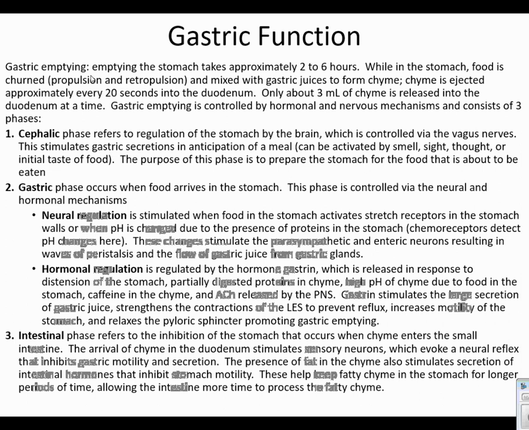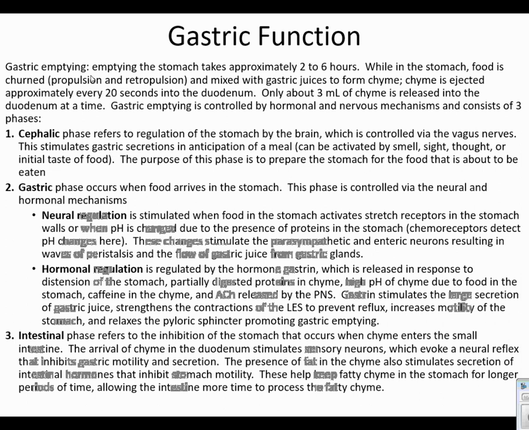Now, the second phase is really where we amplify things up. We amp them up, control both neurally and hormonally. Neurally, it involves those receptors that we talked about the other day. Those enteric nervous system receptors sensitive to stretch and chemical concentration. Remember, we had stretch-sensitive receptors we talked about, and chemical-sensitive chemoreceptors.